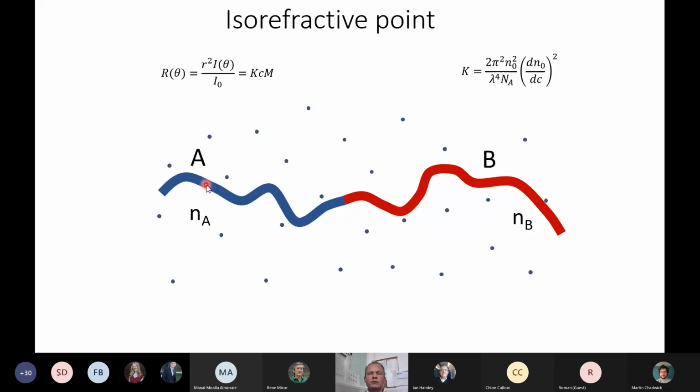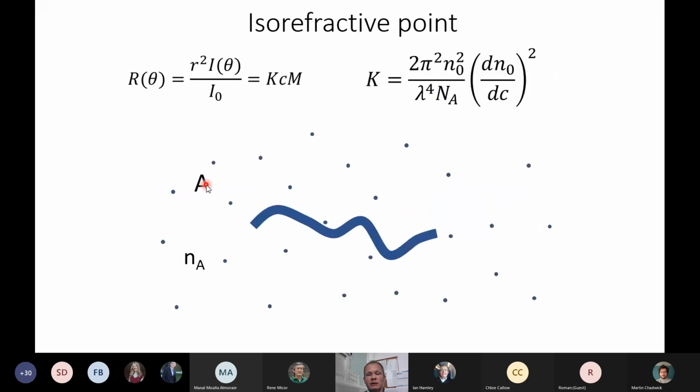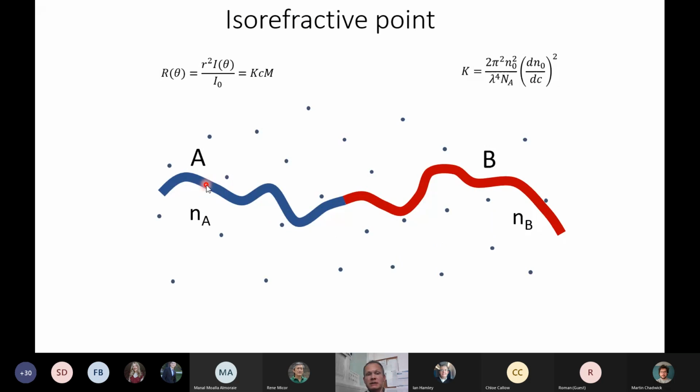But if you are working, let's say, with polymer science, if you use toluene or some organic solvents with a much higher refractive index, it's possible that the scattering from your nanosize object will be actually equal to the scattering of the solvent. And that is known as an isorefractive point.